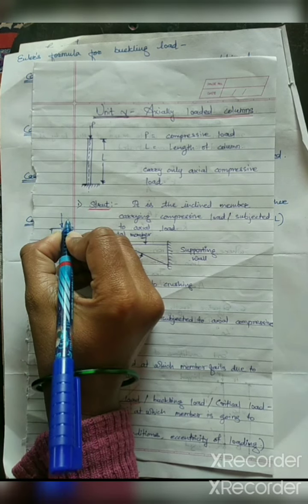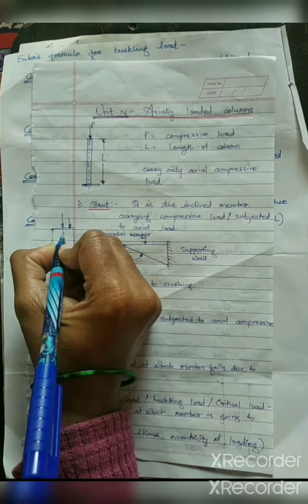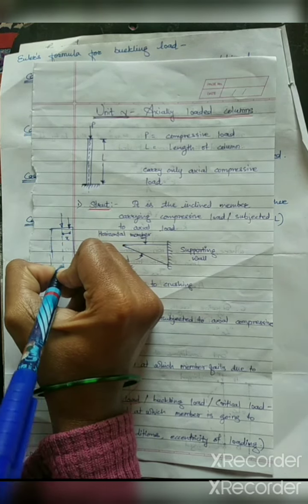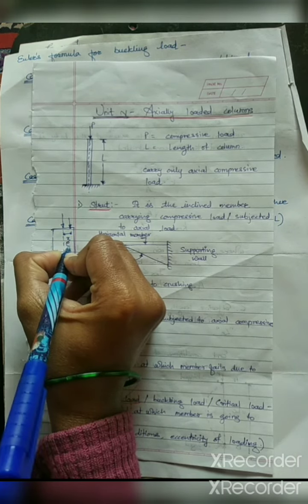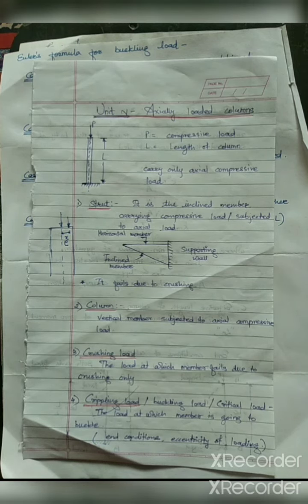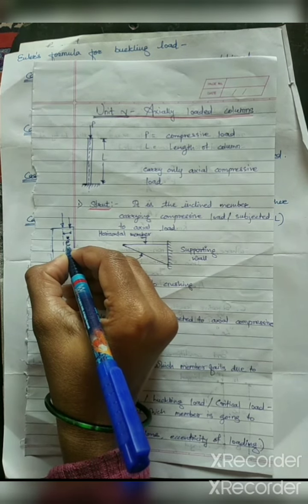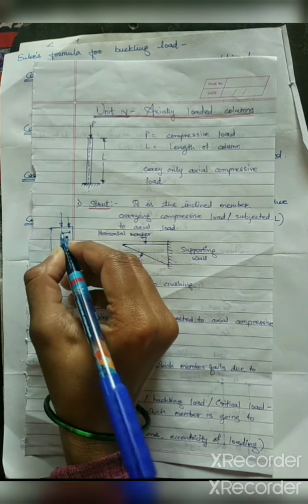If our load is acting at this point, at a distance x from the axis of the column, then the column is eccentrically loaded. This distance we call the eccentricity of the loading.